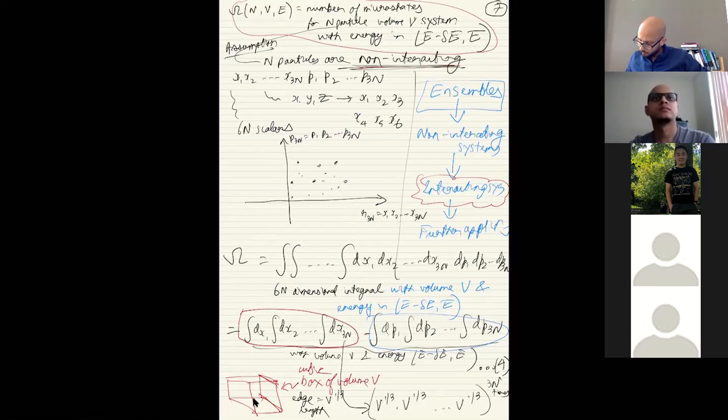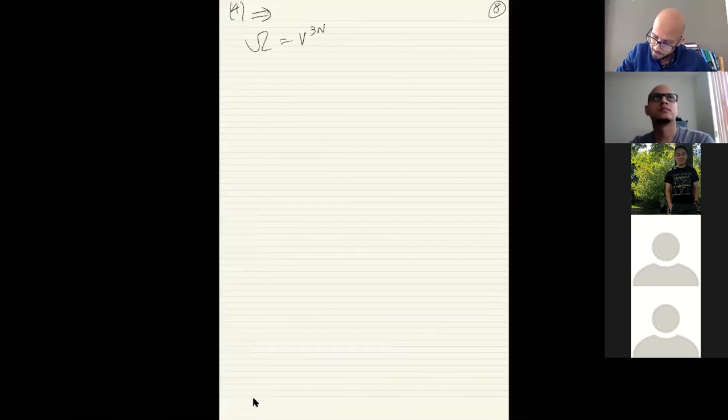You have each of these coming 3n times, and each particle, so it's V to the power n multiplied by the momentum part of the integral dp1, dp2, dp3n. And now we have taken care of the volume constraint. We still have to worry about the energy in E minus delta E.